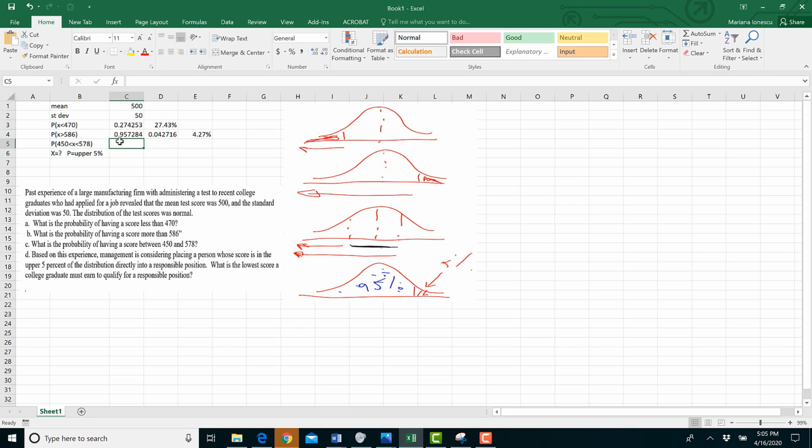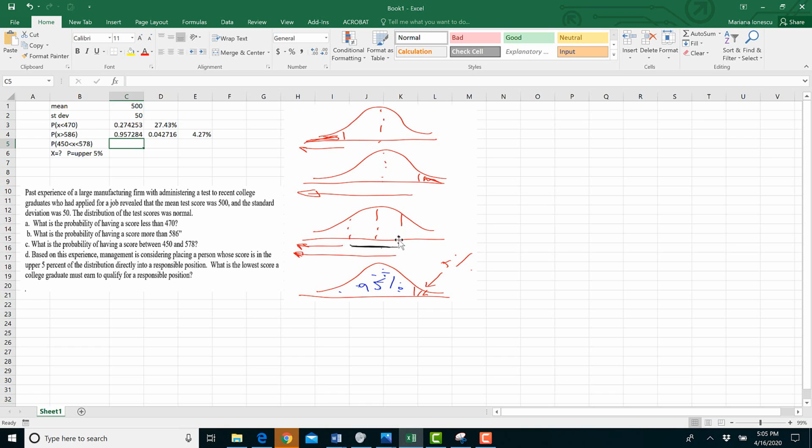For part C, they ask what is the probability of having a score between 450 and 578. 450 is below the mean, and we can read this probability of less than 450 directly from the normal table.